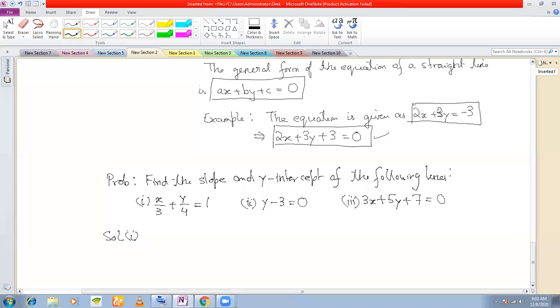Consider the first one. I want to find out the slope of the first one. So we have x by 3 plus y by 4 is equal to 1. Take the LCM, which is 12.